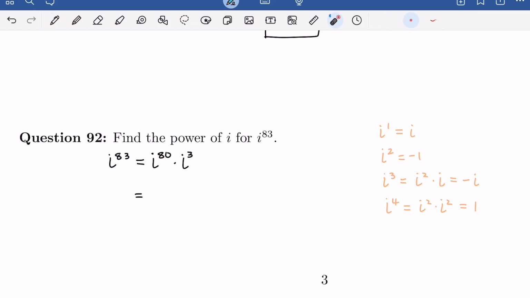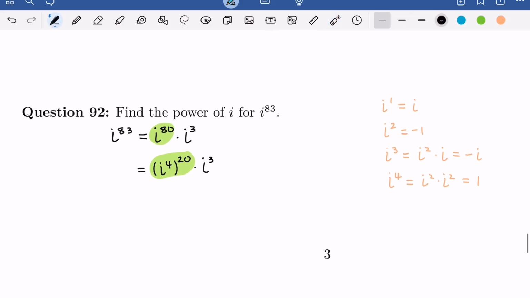Now, we know that 4 is a factor of 80, so let's rewrite this as i to the 4th power, and to make this equal to i to the 80th power, we're going to raise this to the 20th power. So this is exactly equal to this here. I just want to emphasize that. We're just rewriting this as i to the 4th power so we can utilize this fact here.